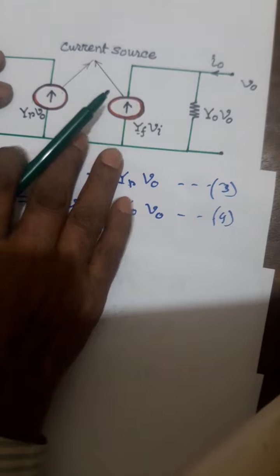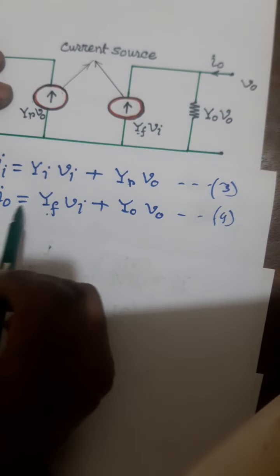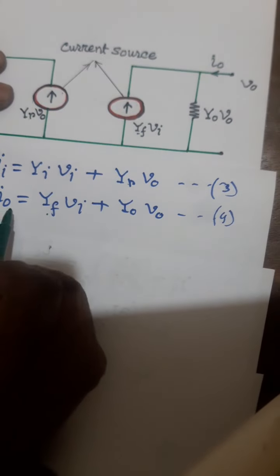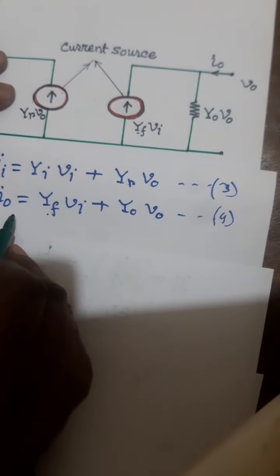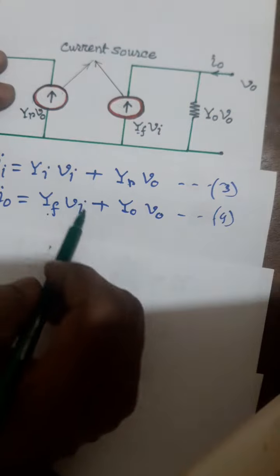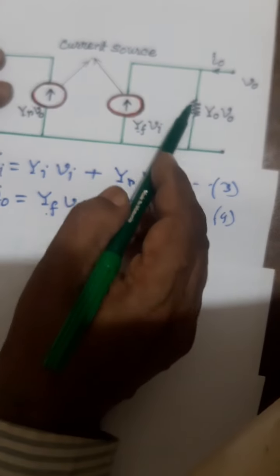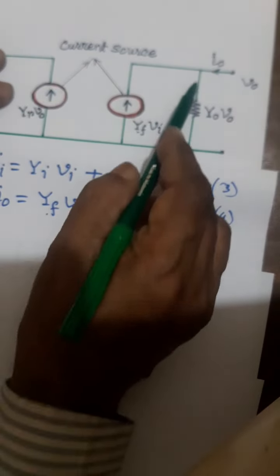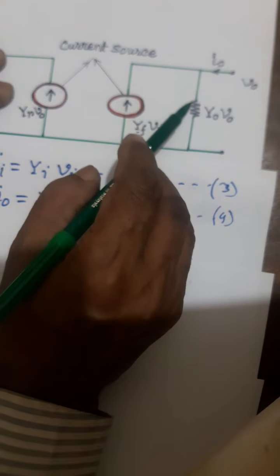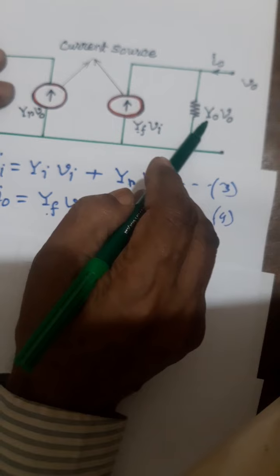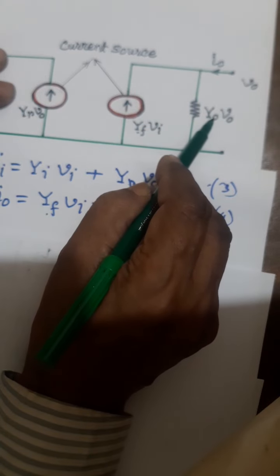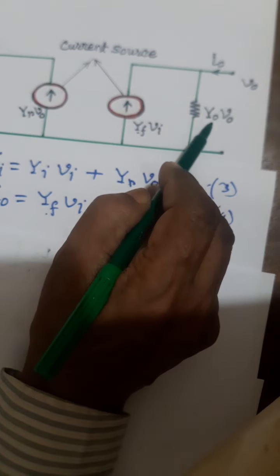Similarly, for equation 4, the circuit is this. Io, the output current, is also divided into two branches. One is along Yo, the admittance of the output circuit.